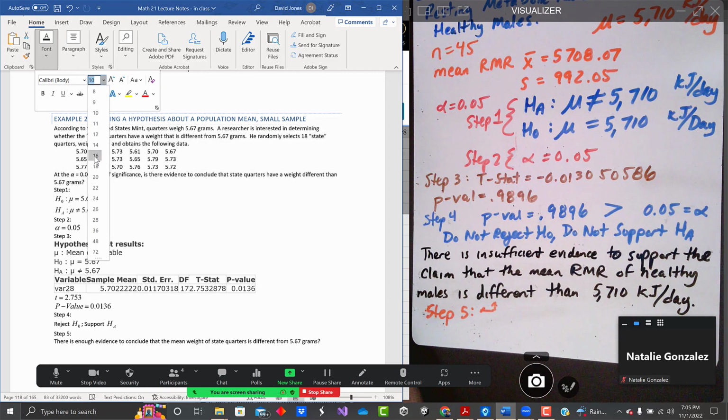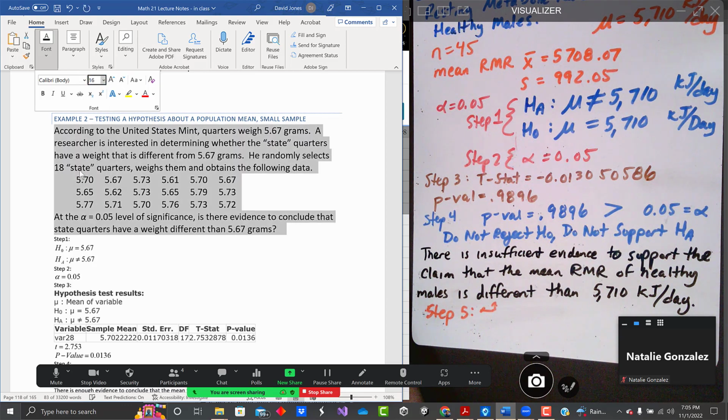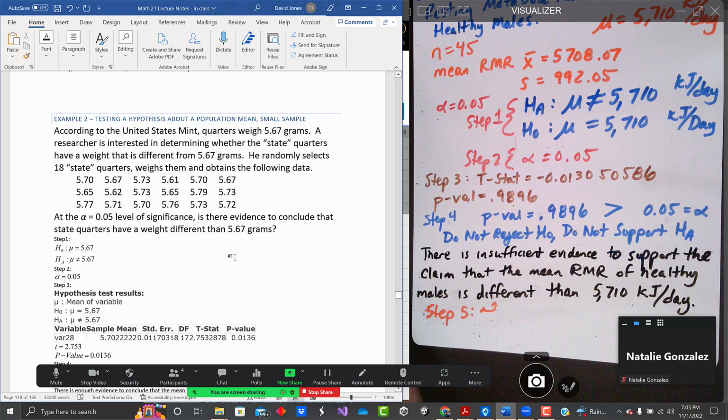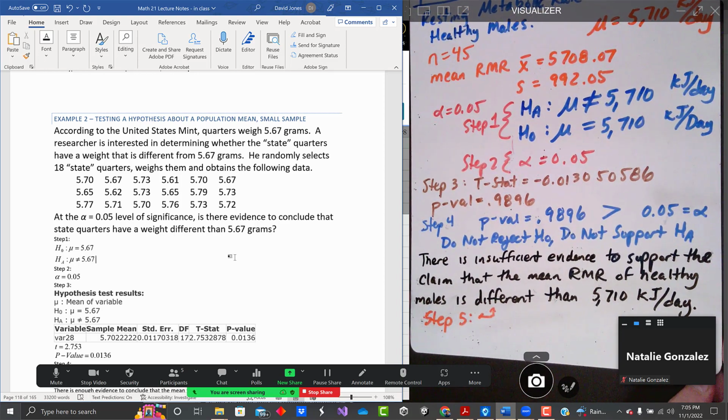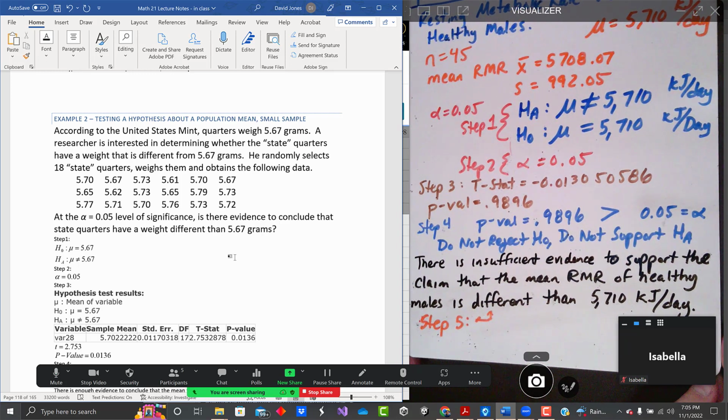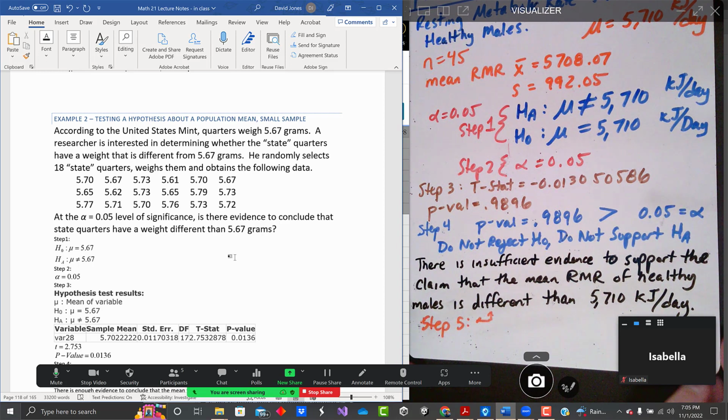Make this bigger. You guys ready? This one I can see it's got some data in it, so we're not going to be doing summary, we're going to be doing data.